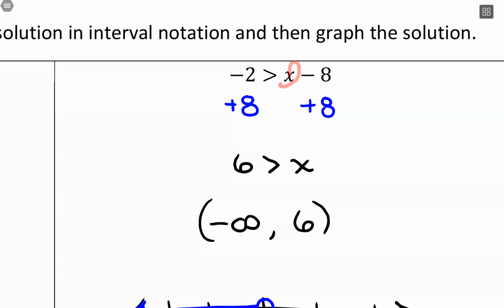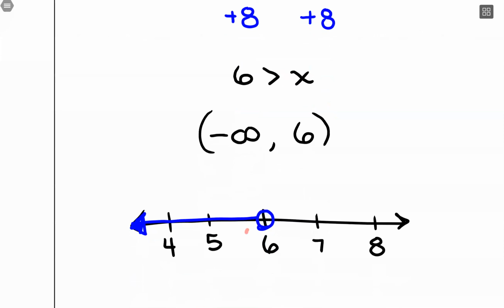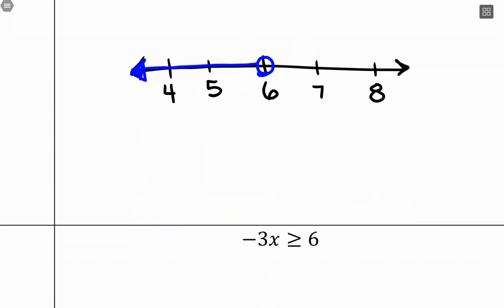If I plug in 4, 4 minus 8 is negative 4, and negative 2 is larger than negative 4. That's a correct statement. It's just a little different from equations because now there are infinite possibilities for all of the numbers that show up to the left of 6.